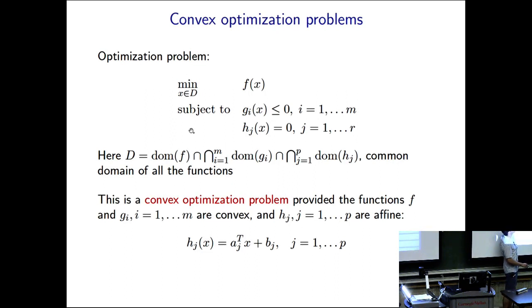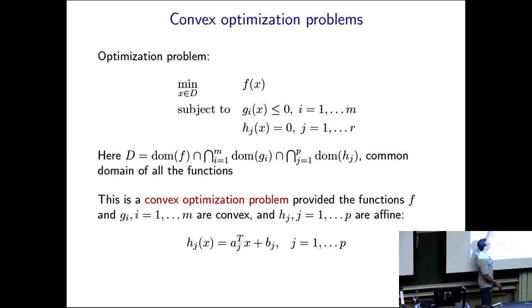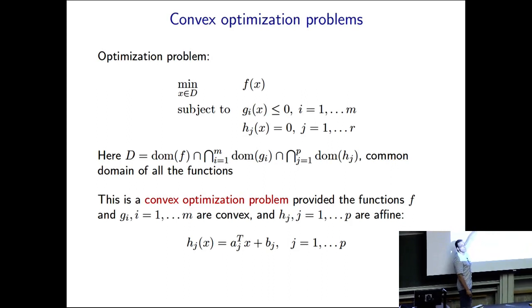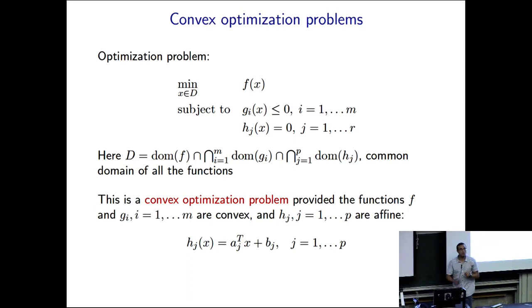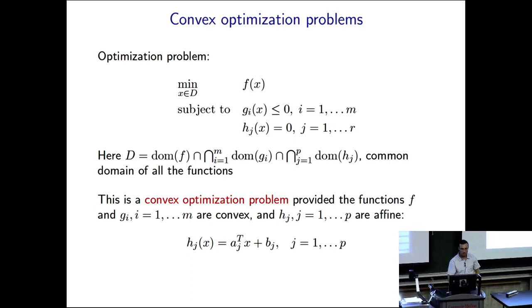I haven't told you what makes it convex yet. And D, what's that D? It's the common domain of all the functions. It's the set of all x for which all the functions in the optimization problem are well defined. We call this the criterion. We call these inequality constraint functions and these equality constraint functions, gi and hj respectively. So that's an optimization problem.